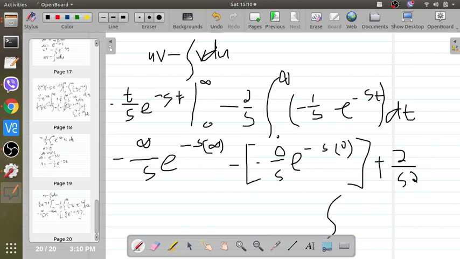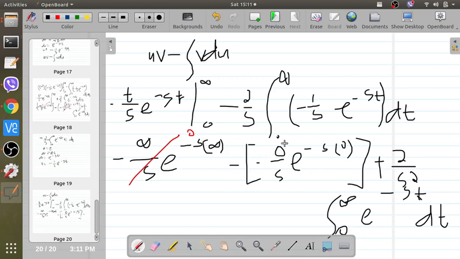Then the integral from 0 to infinity of e raised to the power of negative st dt. So negative infinity over s times e raised to the power of negative s times infinity is just equal to 0.